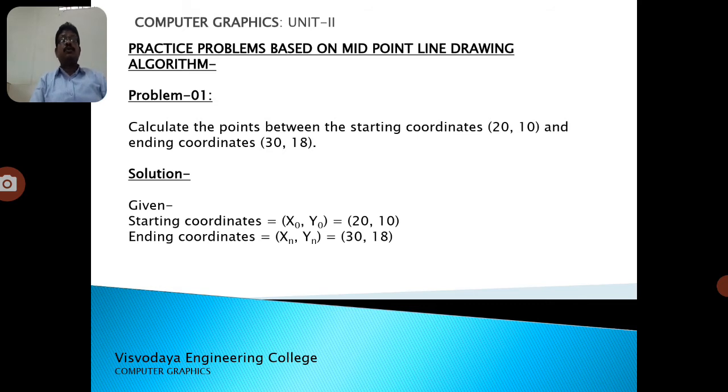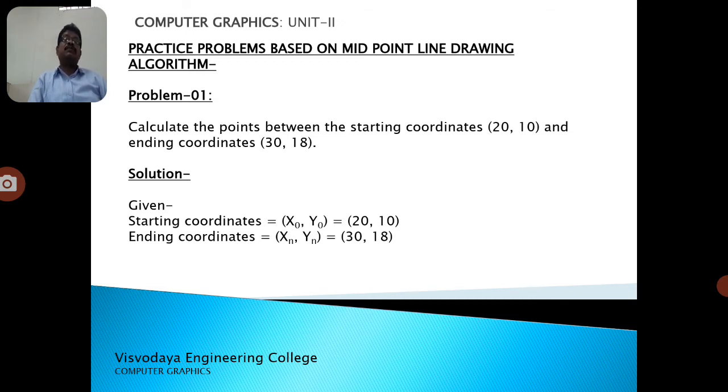Before we go to the practical example, we need to understand some criteria of these algorithms. The first one: the given coordinates are x0, y0 and xn, yn, and we can find the delta x value and the delta y value. After finding these two values, we go for the initial decision parameter, that is d initial equals 2 into delta y minus delta x.